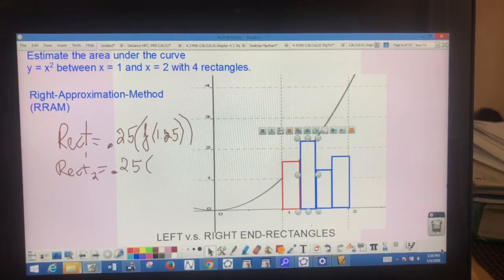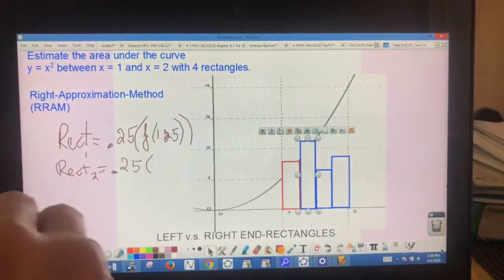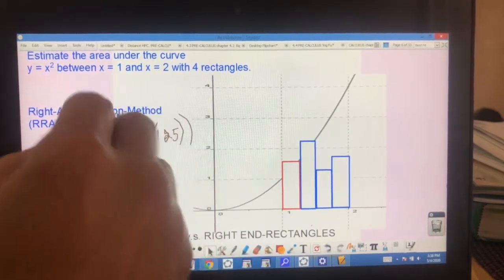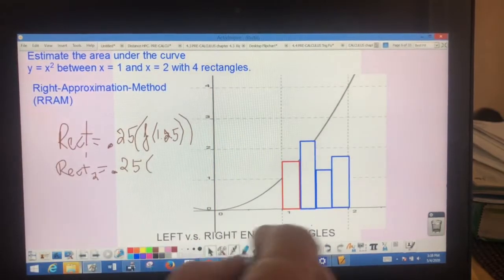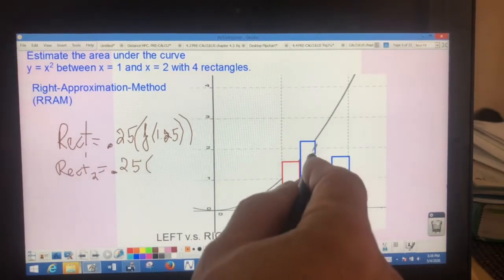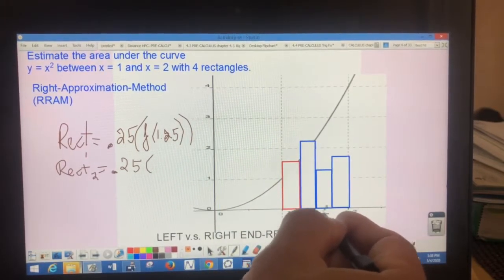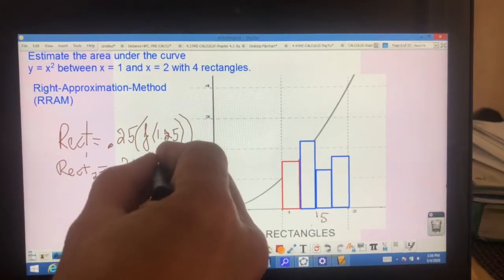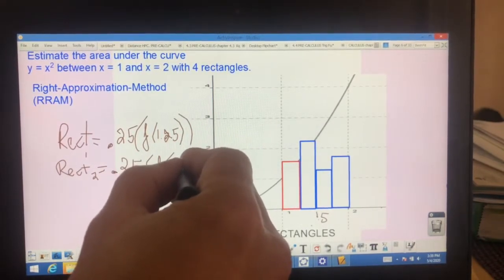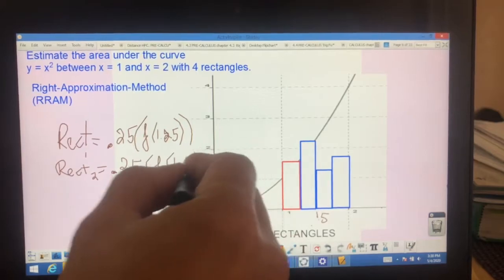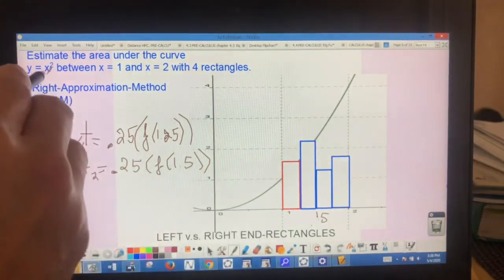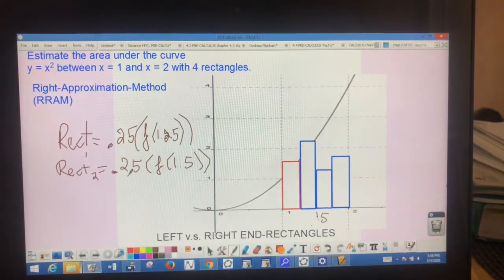So right now I'm going to say, well, the width is still 0.25, the base times the height, right? So now I'm going to do 0.25 times that height. That height would be, this spot right here is 1.5. So I'm going to times it by f of 1.5. What that really means is you're going to take your 1.5 and plug it in there, and then times it by 0.25.